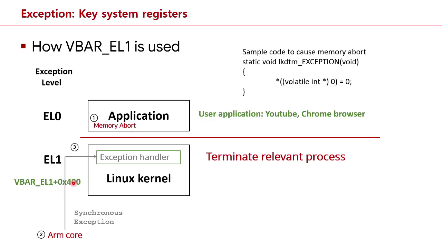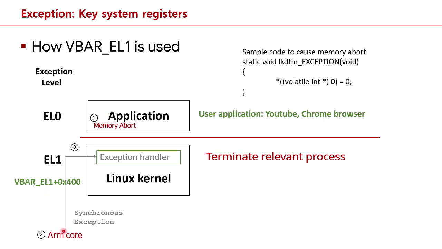This offset, 0x400, can be observed in the exception vector table. For more information, I want you to refer to another course that explains exception operation in the Armv8 architecture. So as the first step, an exception occurs.